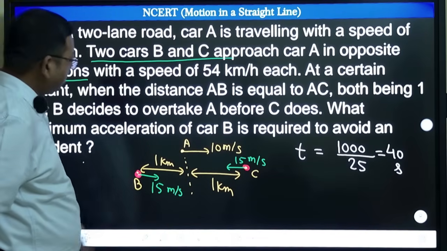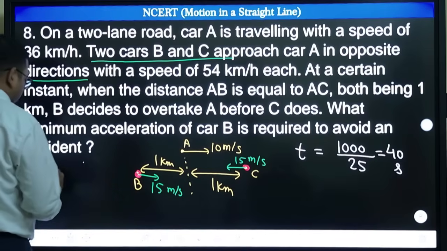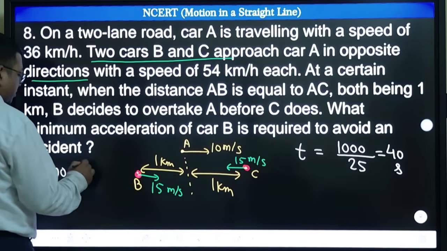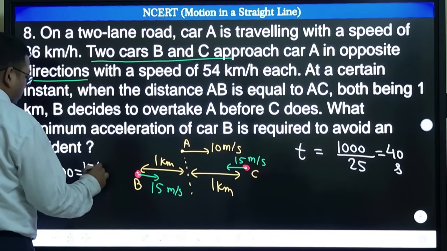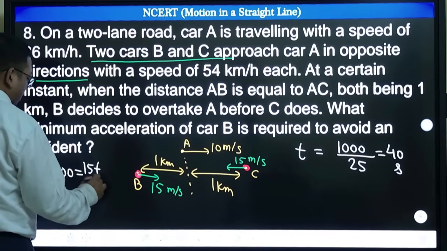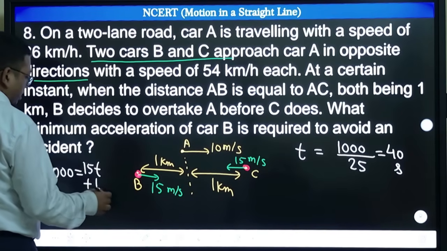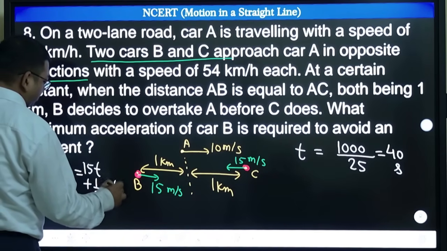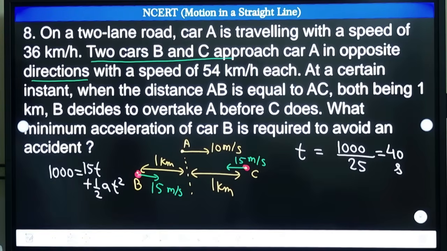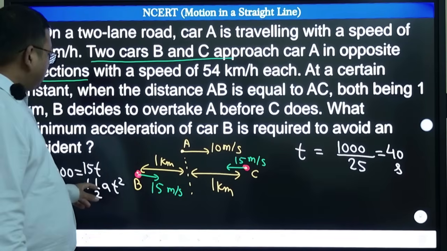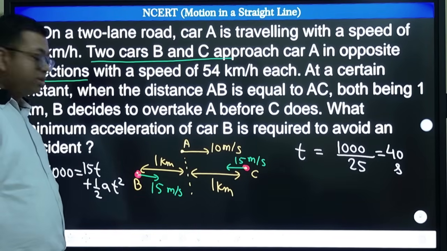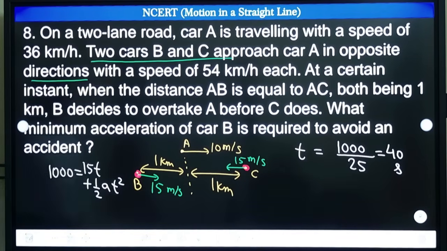Can we use? Try. As distance is 1 kilometer, so 1000, ut initial speed 15, ut plus half at square, acceleration we have to calculate. Now here we can substitute time as 40 seconds and then try to calculate this. Okay, try to calculate this, how much it will come.